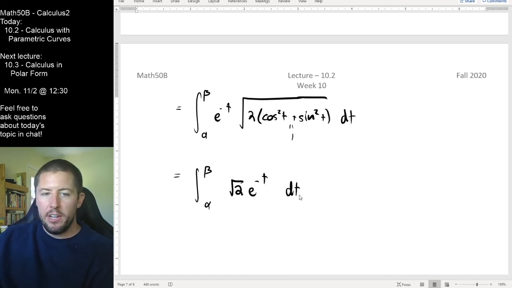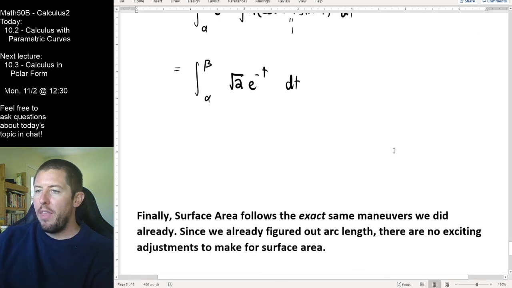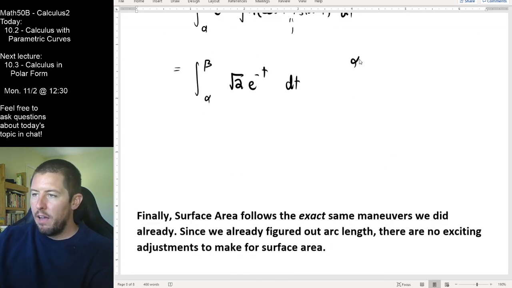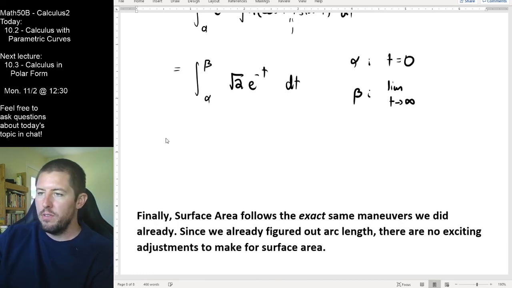So I can do my integration, but I'm thinking now that alpha should be t equals 0. Beta should be the limit as t goes to infinity, right, is how we want to use those ideas. So what I'm seeing here is root 2. This should be negative root 2 e to the negative t is what I get from the integral, because it just pops out a negative, and that's the only thing I have to worry about.